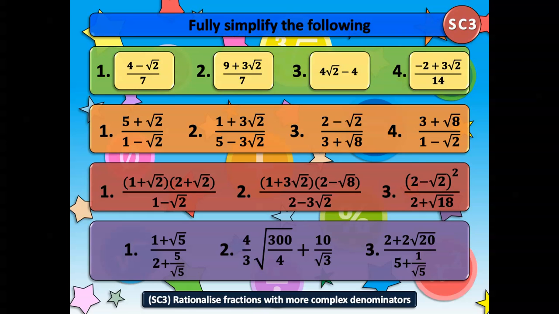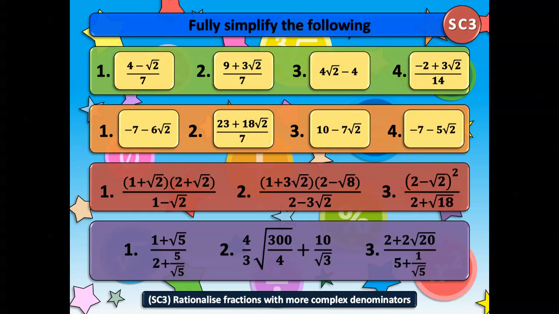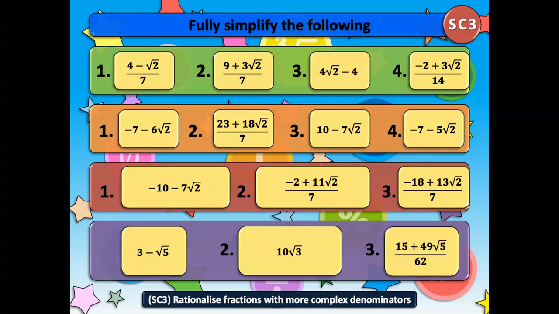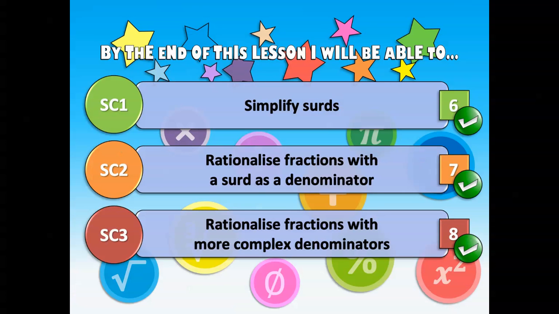So there's your green answers. There's your amber answers. There's your red answers. And there's your purple answers. And now we've completed success criteria 3.